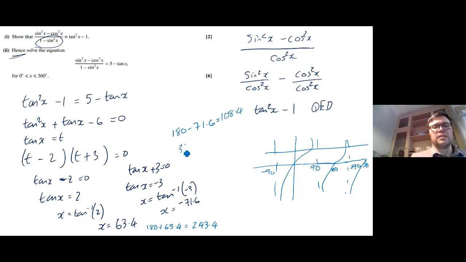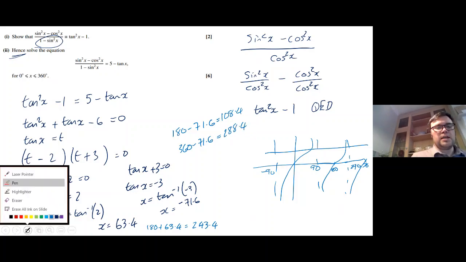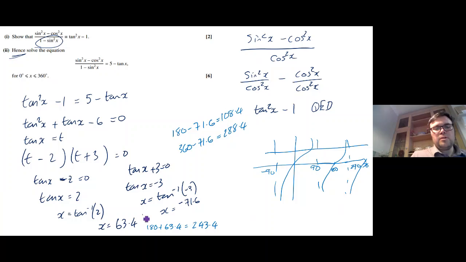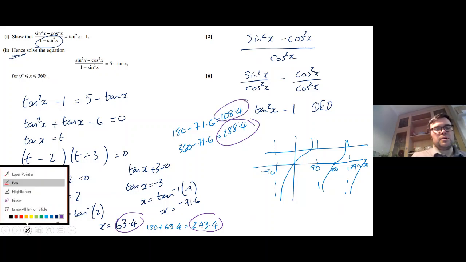And then 360 minus 71.6, which is 288.4. So the answers that they would expect to see would be this one, this one, this one, and this one. So there are 4 answers, which is why it's worth this sort of 6 marks.